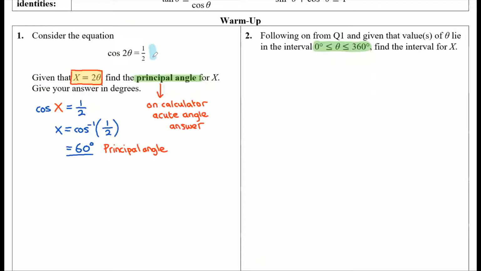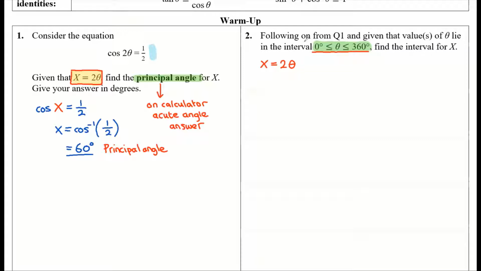So we limit ourselves to just looking in this interval. Now, because we've said that x is equal to 2 theta, we're going to write an interval for x, because it's the big X that we're going to be doing our calculation with.